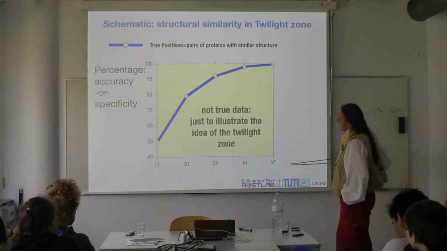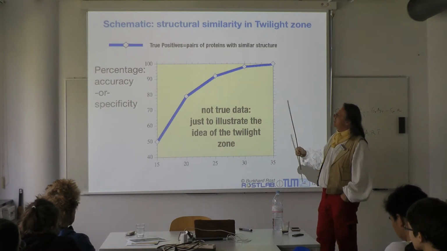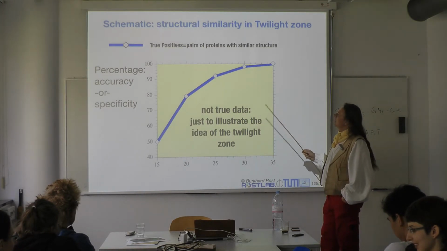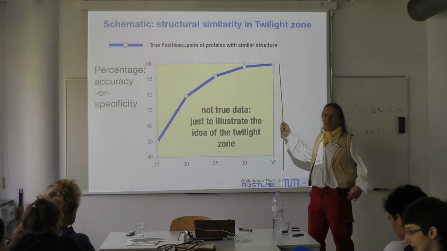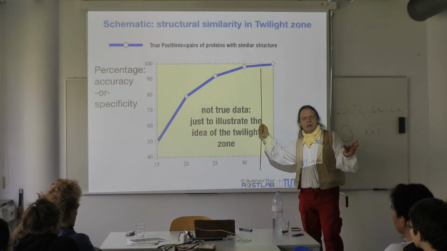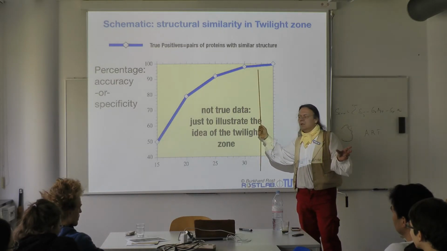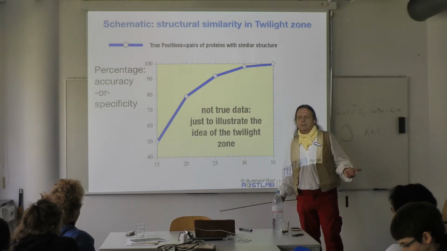structures. When we get into 35 to 15%, again this is placeholders, fake data. All I want to show you is what we sort of expect. We expect that at some point we can infer the similarity in structure from the sequence comparison directly. And then, going into the twilight zone, we'll see that the signal will disappear.